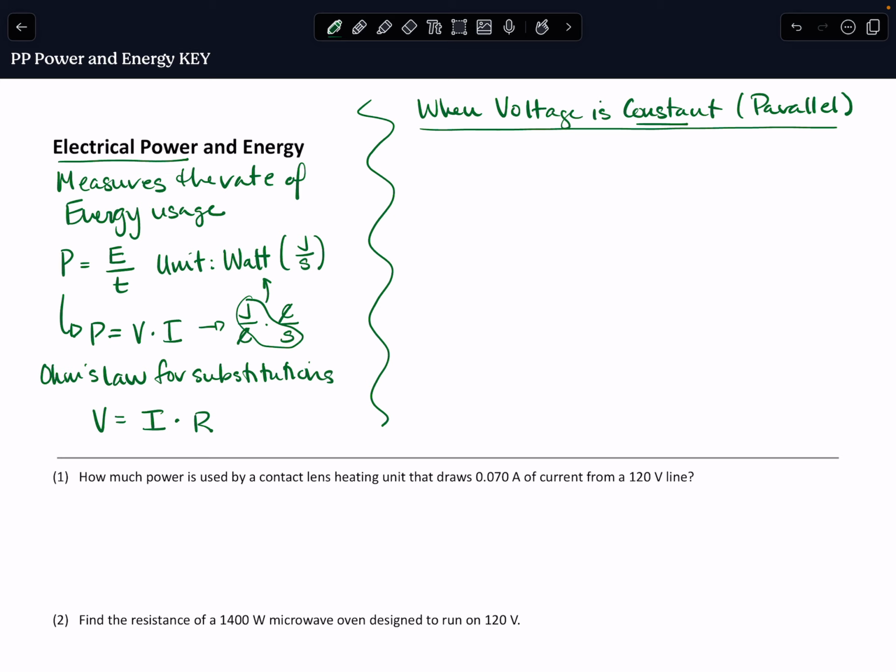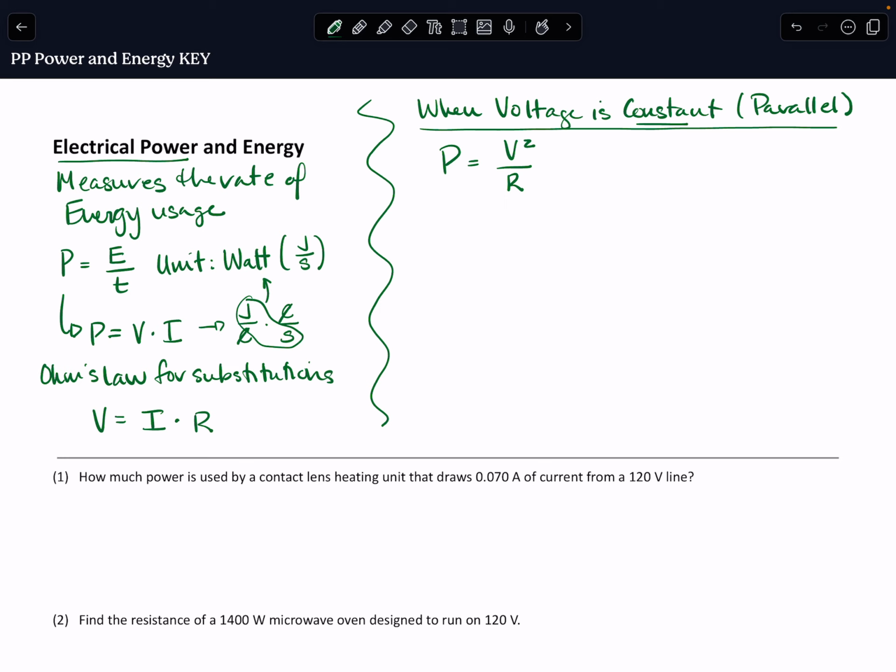In those cases, the voltage is constant because the outlet only comes in at one voltage. There's no knob on the side of the outlet that lets you dial up or down the voltage like we see on our power supplies in the classroom. So that case, we're going to have a constant voltage. And in that case, we're going to use power is equal to voltage squared divided by the resistance.